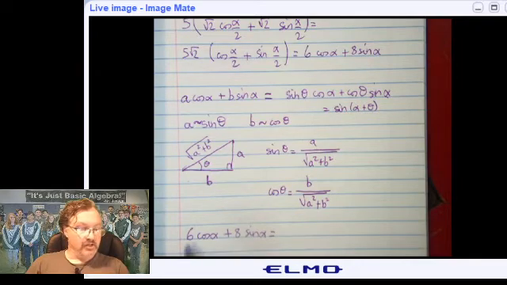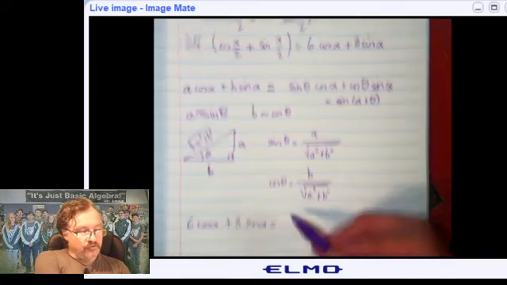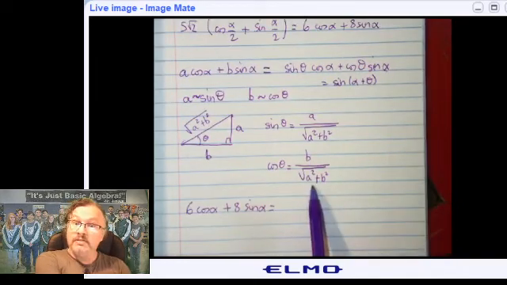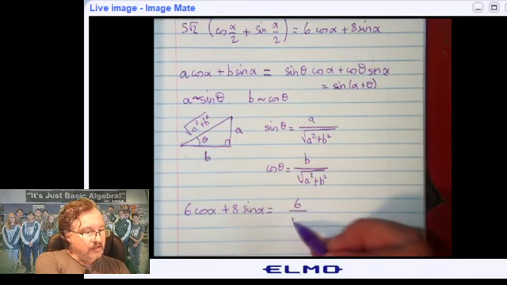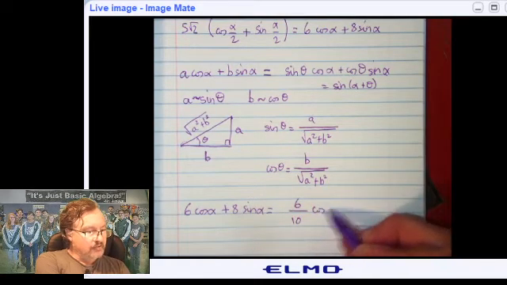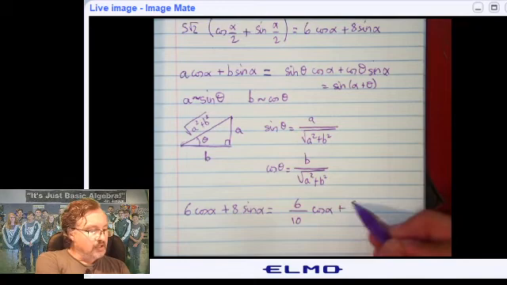A, B. So A squared will be 36, B squared will be 64. 36 plus 64 is 100. Square root of 100 is 10. Right? So what are we going to have here? I'm going to essentially divide by 10. So I'm going to have 6 divided by 10 times cosine alpha plus 8 divided by 10 times sine alpha.